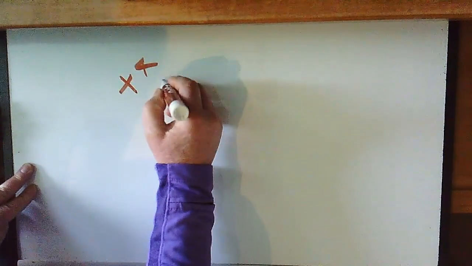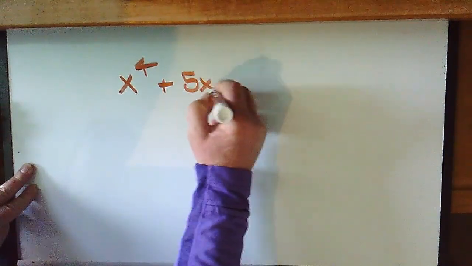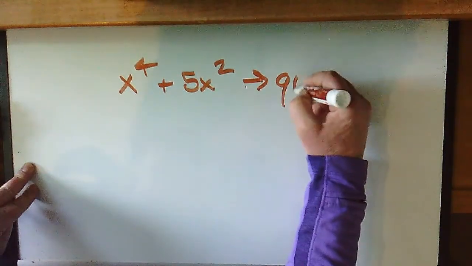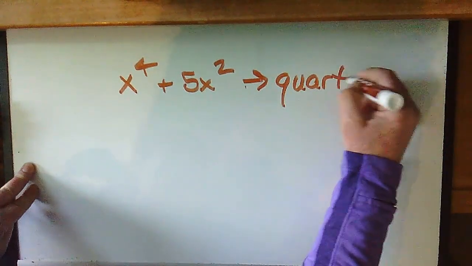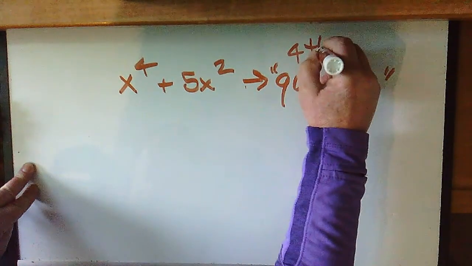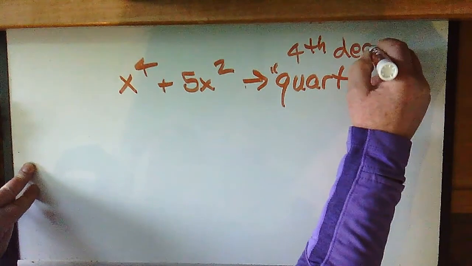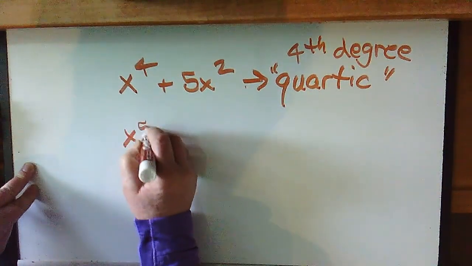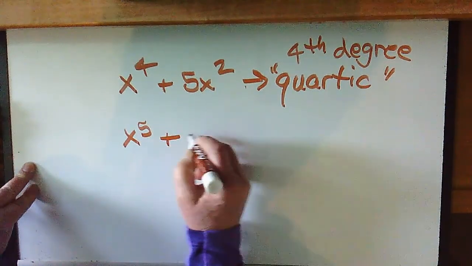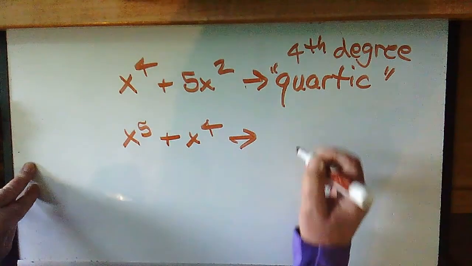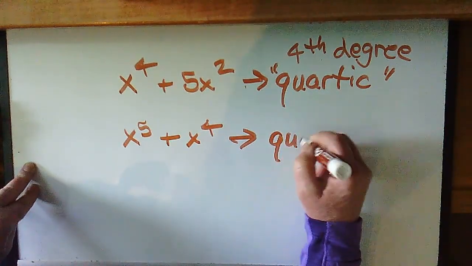A fourth degree polynomial is called a quartic, or fourth degree, and a fifth degree polynomial also has a funny name, quintic.